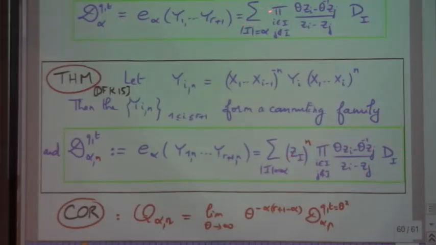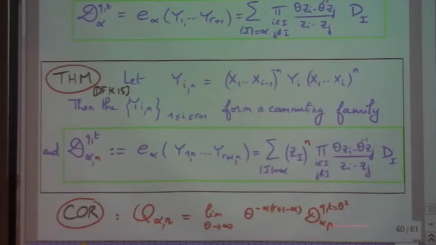So it's just an insertion of z to the n in front. That should remind you of something, because our definition of a Q affine was precisely an insertion with z to the n. And indeed, the corollary here is that our operators satisfying the quantum cluster algebra are limits when theta goes to infinity of these new operators, d alpha n. Okay? So we have a formulation within DAHA, with new operators, of this solution of the quantum Q system, which allowed us to solve our problem.